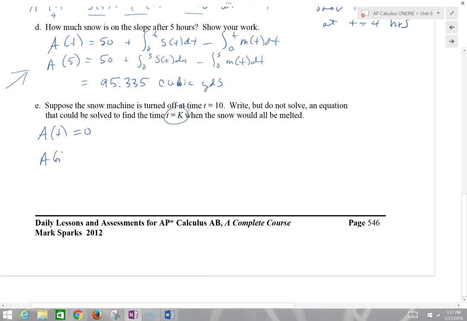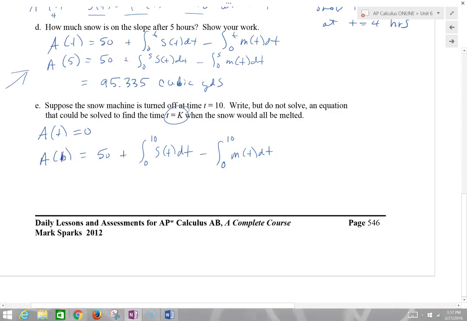So A of t is equal to 50 plus the integral from 0 to 10, because we're only making snow until t equals 10, then we turn it off, and then we subtract out the integral from 0 to 10 of m dt, because then we'll know how much snow we have at 10.